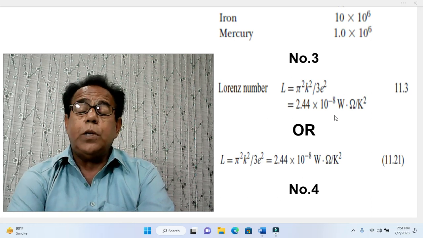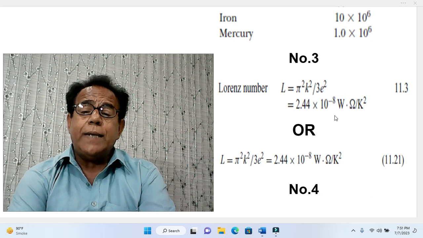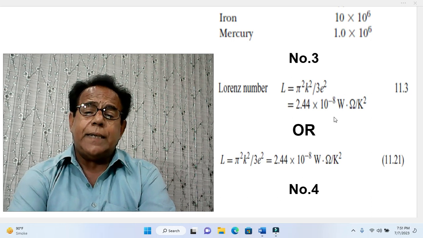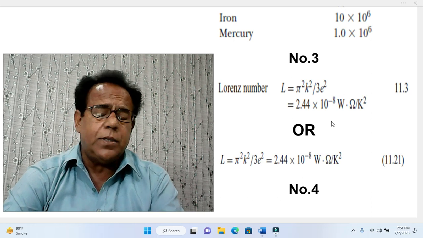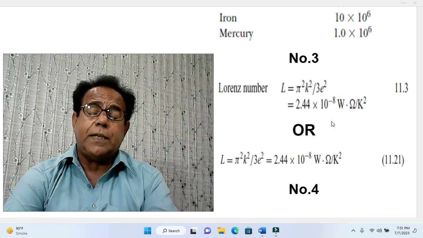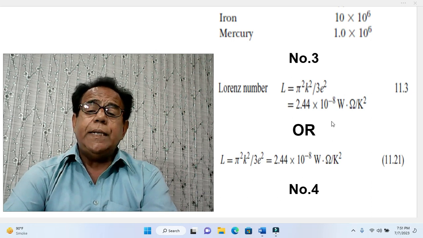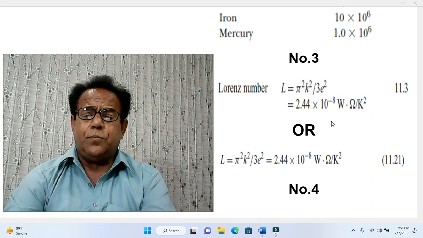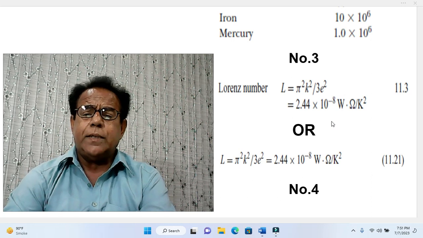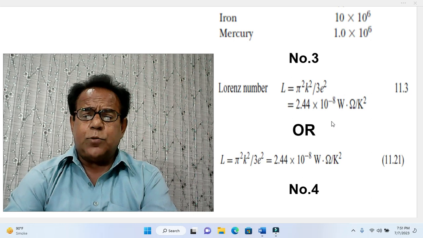At helping tool number 3, the Lorenz number has been described. In relativity, general or special, we deal with the term Lorentz. Lorenz was a scientist, and Lorentz may also be a scientist.